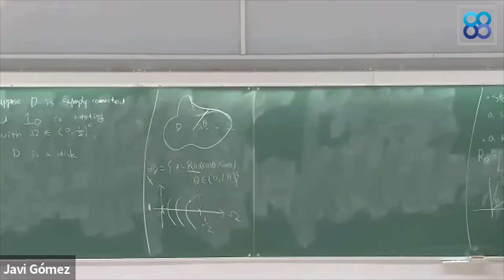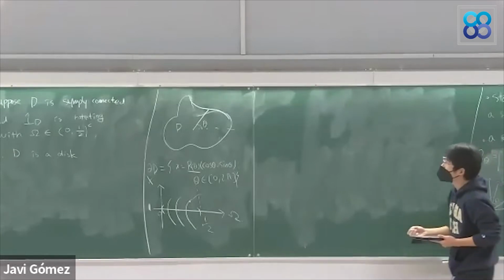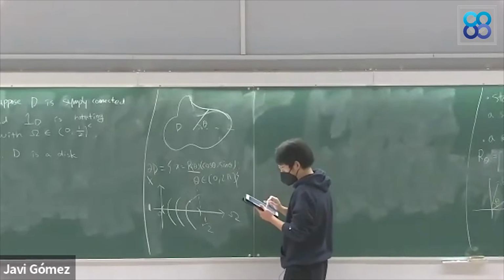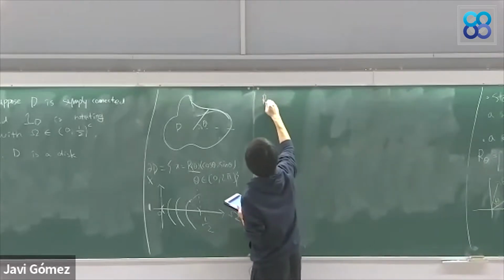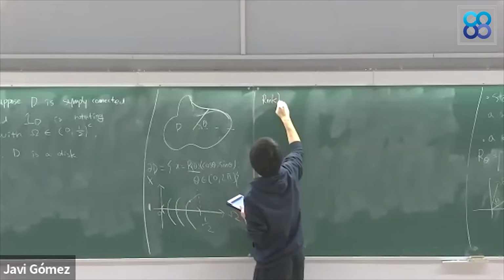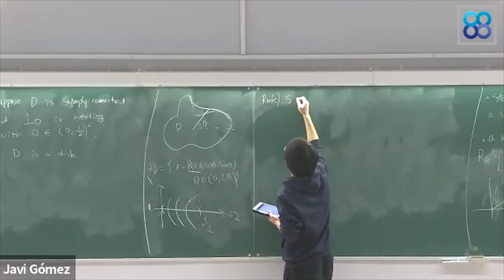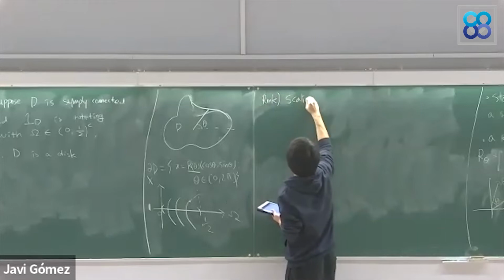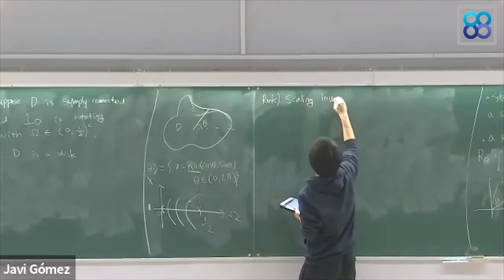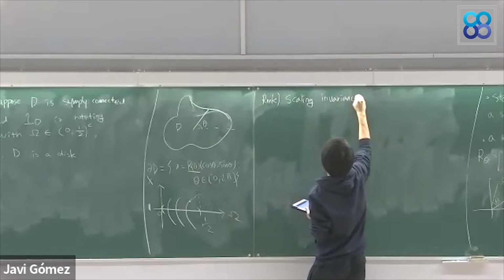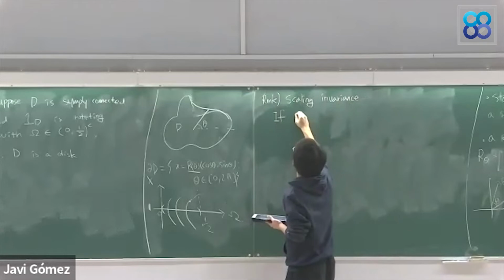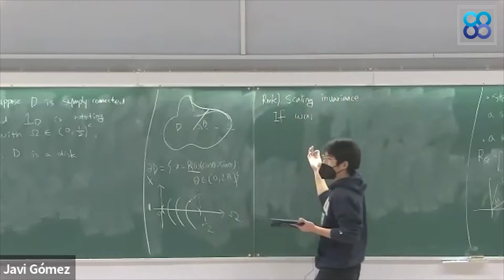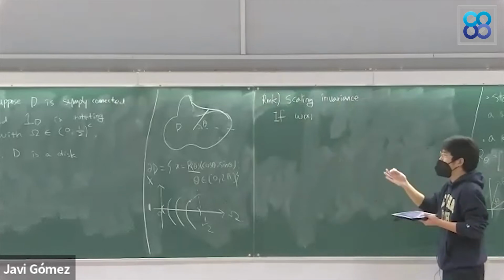Okay. Before we get into the detailed proof, I'm going to write down the idea of the proof. Let me first make a remark. It's scaling invariance. In general, omega of x doesn't have to be a patch solution, it could be just any solution.